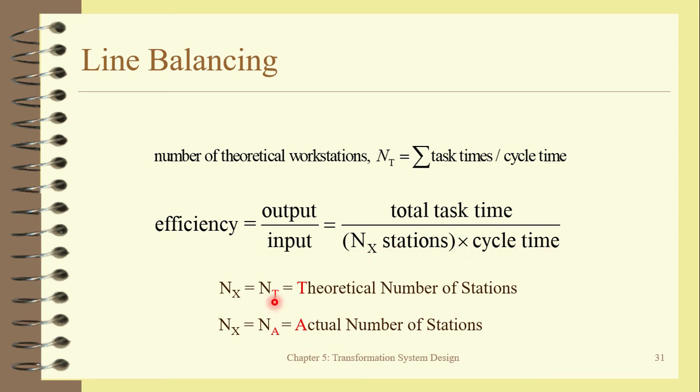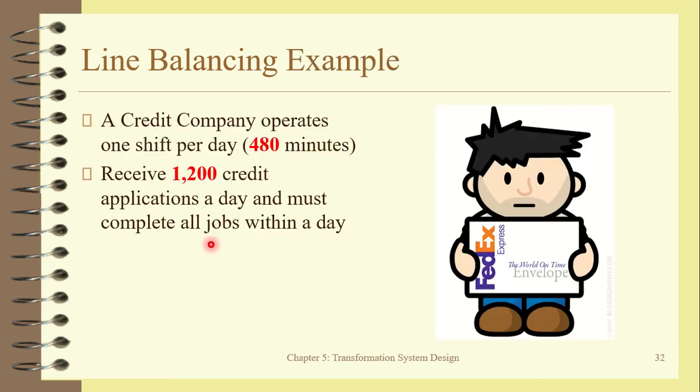Nx could be the theoretical number of workstations or the actual number of workstations. If it is the theoretical number, the efficiency is the theoretical efficiency, and if it is the actual number of workstations, this one is going to be the actual efficiency. I will show you how to calculate it later.